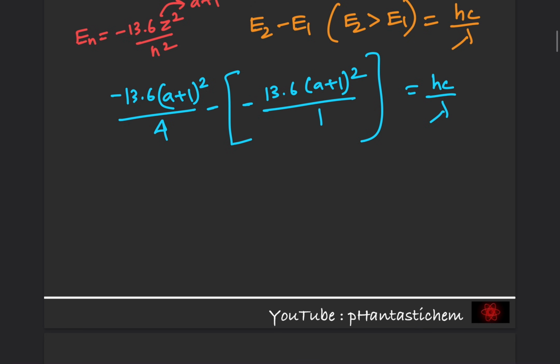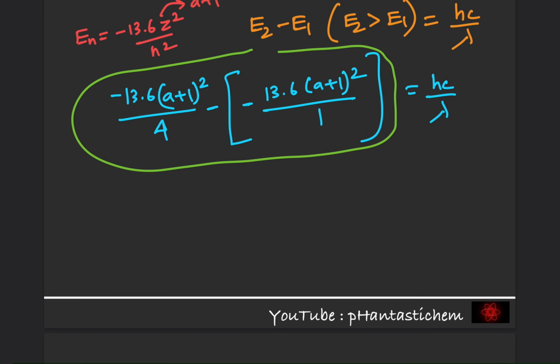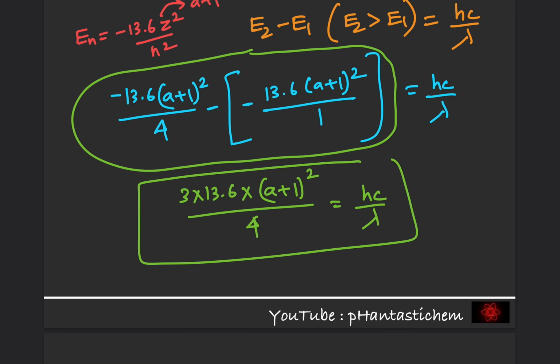So when we do this calculation, we will get 3 into 13.6 into A plus 1 whole square divided by 4 is equal to hc by lambda.